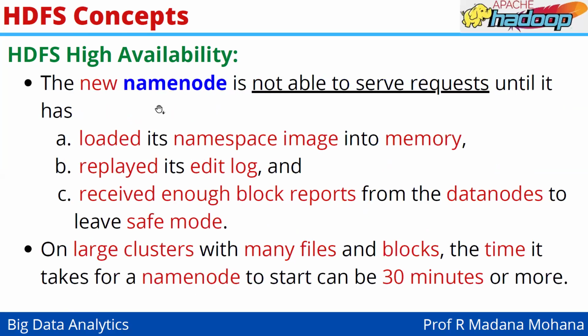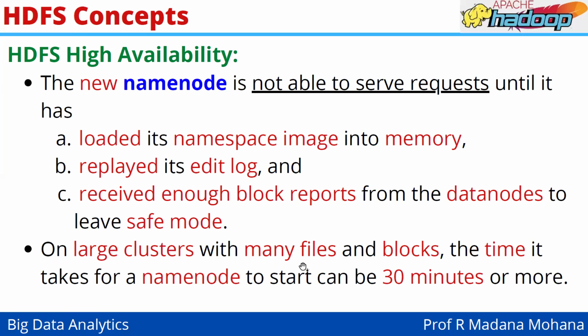The new name node is not able to serve requests until it has loaded its namespace image into memory, replayed its edit log, and received enough block reports from the data nodes to leave safe mode. So it has to do these activities to become active.